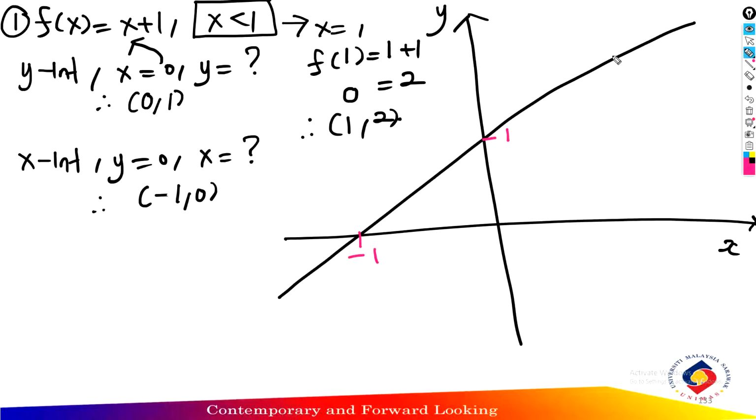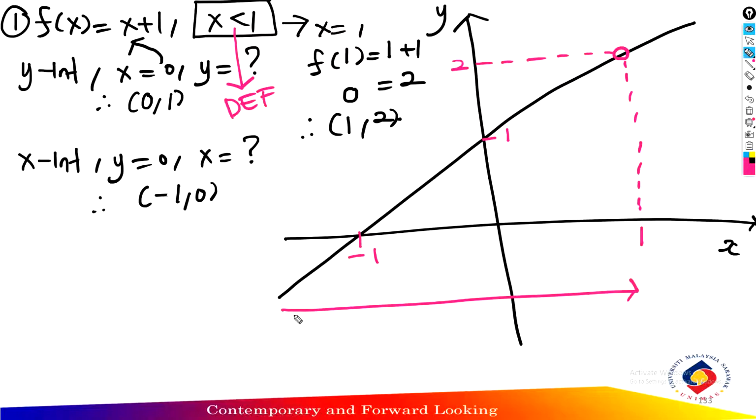Okay, (1, 2). So at the point (1, 2), you put the empty circle. x equals 1 and the value of y equals 2. Okay, so this linear function is only defined when the value of x is less than 1. So this graph only exists between negative infinity and x equals 1. Okay, so this part of the function you can solve.